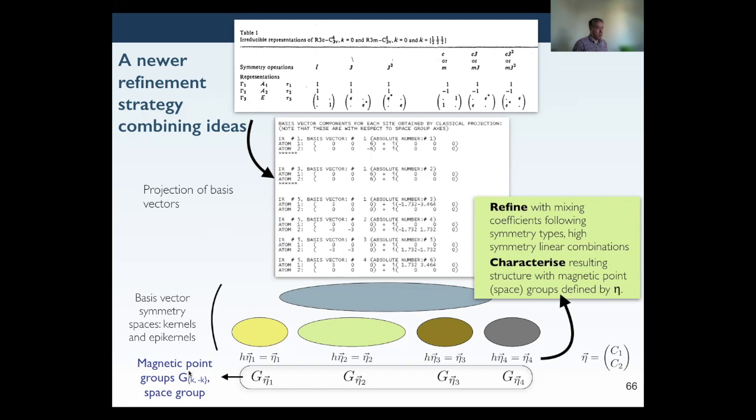So we can define magnetic point groups, G_K and minus K, the ones that reverse the vector. So we can carry on with a structure where we can refine directly in terms of mixing coefficients. So we can refine directly in terms of these order parameter vectors, but we can look at these high symmetry structures in turn, or we can look at the entire symmetry space of the irreducible representation.